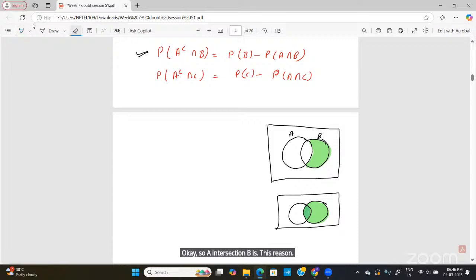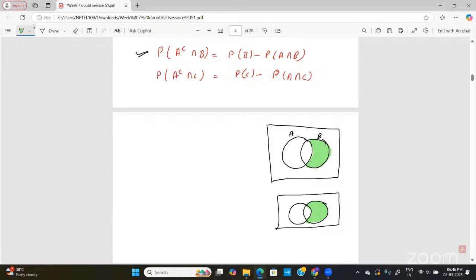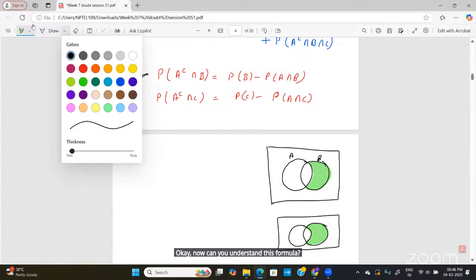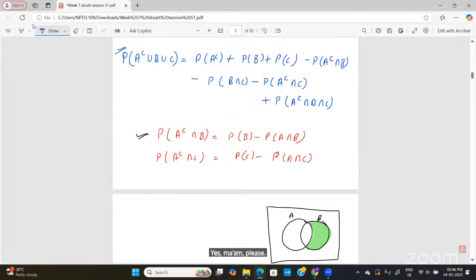So you just have to remove this part. So it will be this part only again. You can see out of B, we just have subtracted A intersection B. Now can you understand this formula? Is it clear to everyone, these two statements? Yes, ma'am.